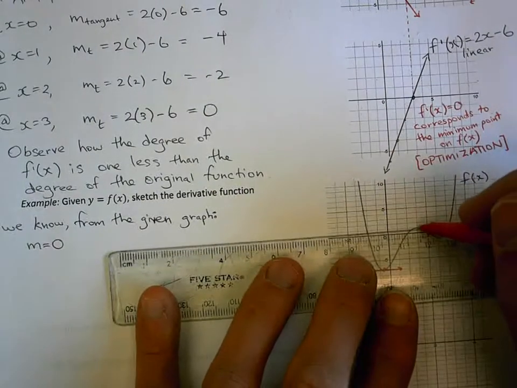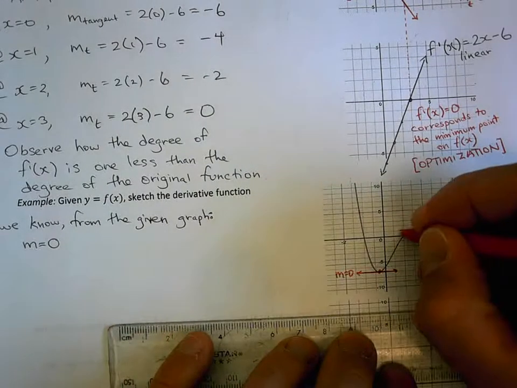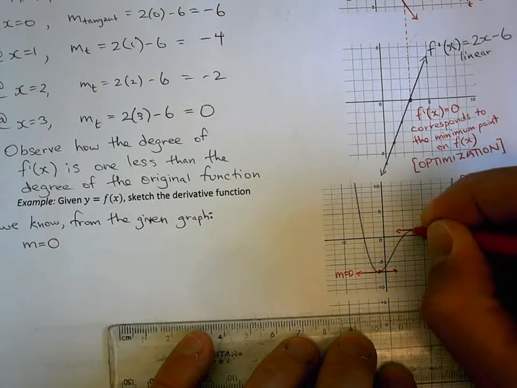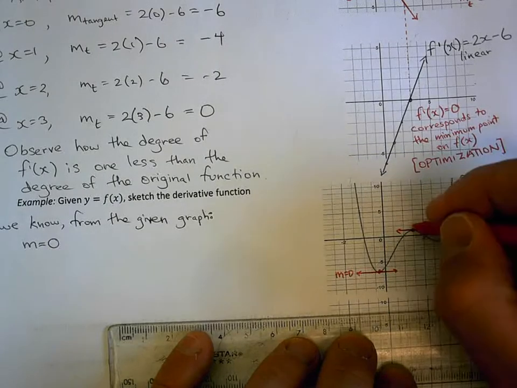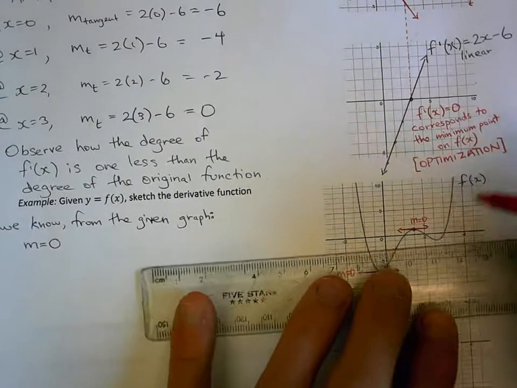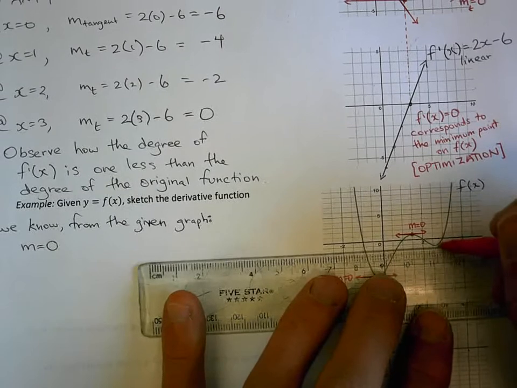There's another one up here, at 1.5 or something like that. m is equal to 0. There's another one here, I don't even know what it is.